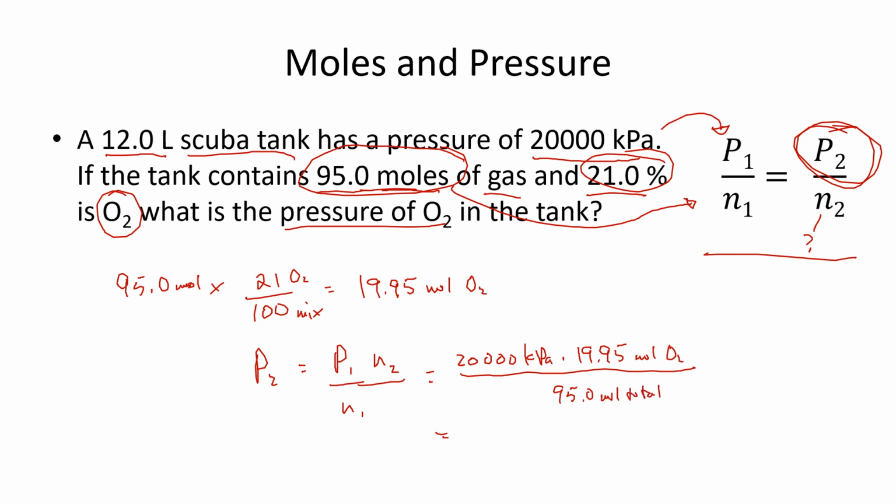And let's see what we end up with here. 20,000 times 19.95 divided by 95 equals 4,200 kilopascals is due to the oxygen. There you go. Nice easy relationship.